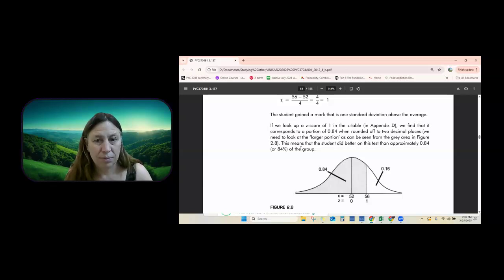Here we go. A Z score of 1 is within 0.68 of the mean, but relative to the whole population it's actually 84%. This person did better than 84% of the group.